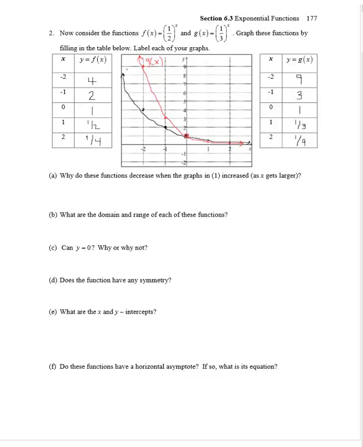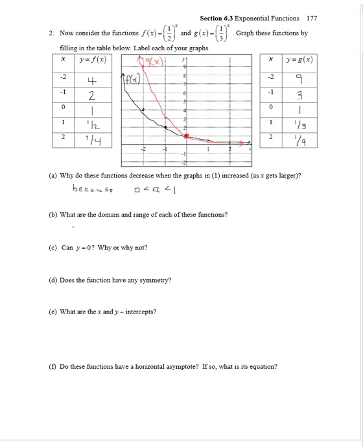And of course the black one is f of x. So, why do they decrease when the graphs before increased? Well, they decrease because our growth factor, a, was between 0 and 1.